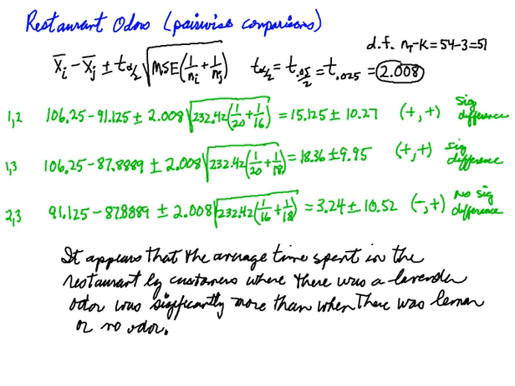Now, because we got no significance between the lemon and no odor, we are not willing to claim that the lemon odor significantly increased the time spent compared to when there was no odor.